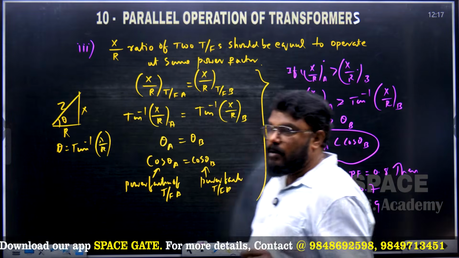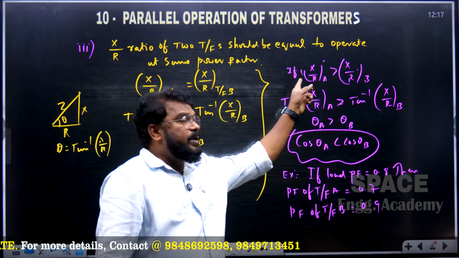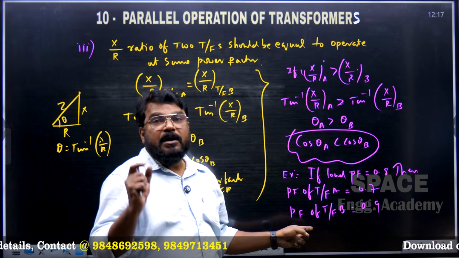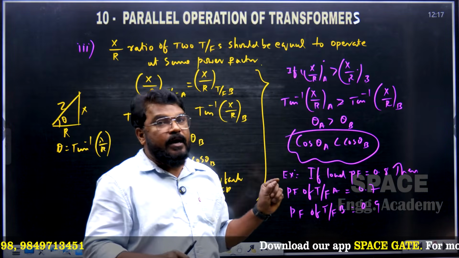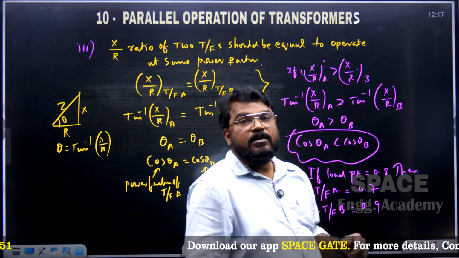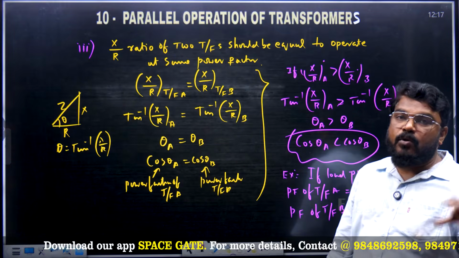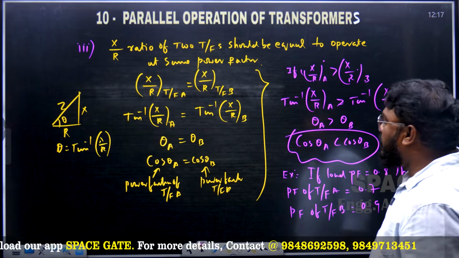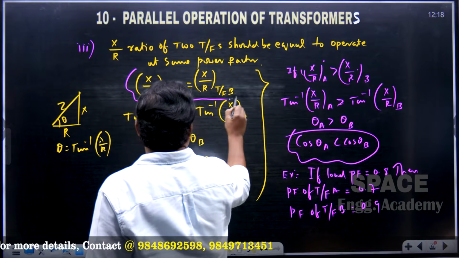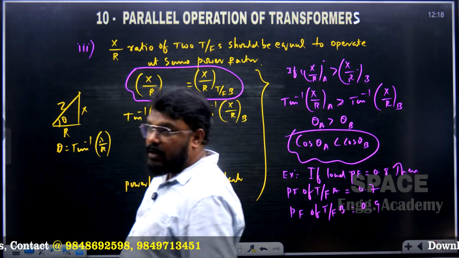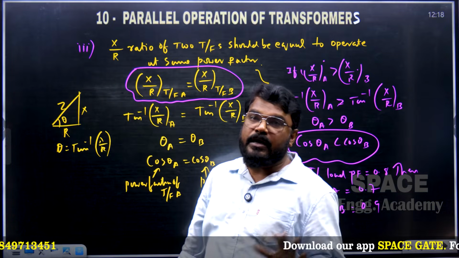So the transformer which has high x by r ratio will be operated at inferior power factor of the load, and the transformer which has low x by r ratio will be operated at superior power factor of the load. But ఈ రెండు ట్రాన్స్ఫార్మర్ ను ఒకే లోడ్ పవర్ ఫ్యాక్టర్ దగ్గర ఆపరేట్ చేయాలంటే what is the condition to be satisfied? The x by r ratios of the two transformers must be equal. So these are the desirable conditions to connect the transformers in parallel.